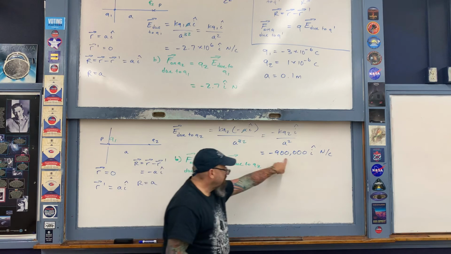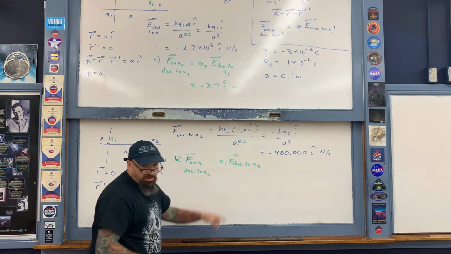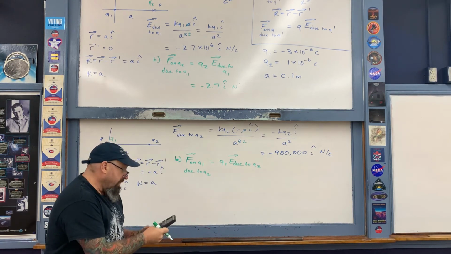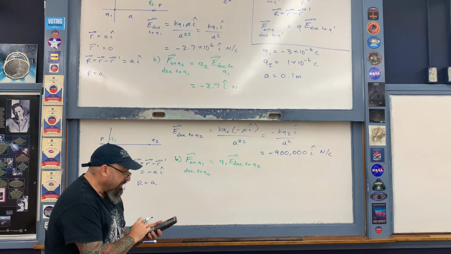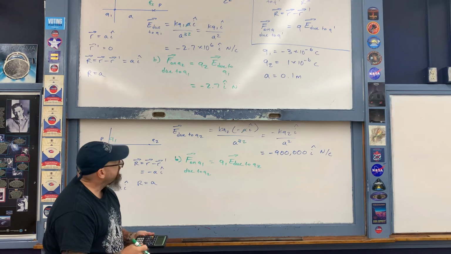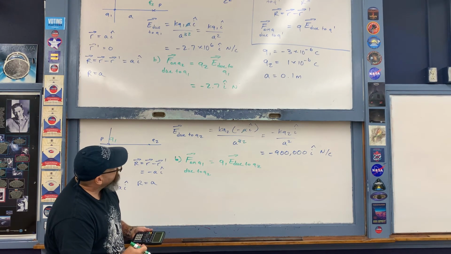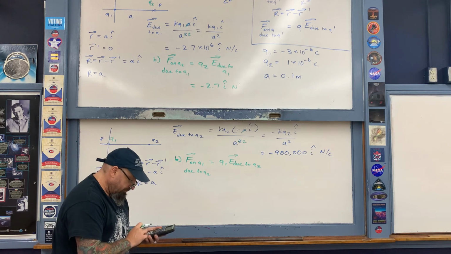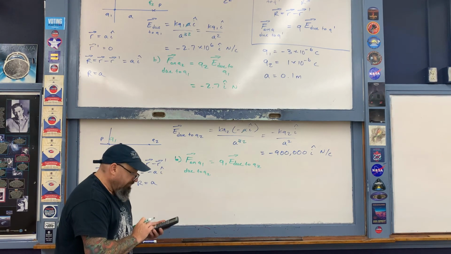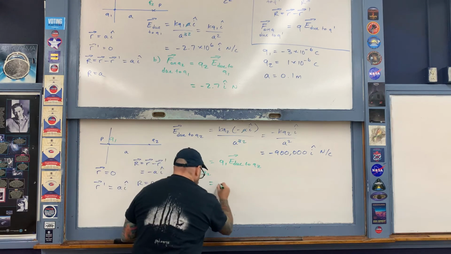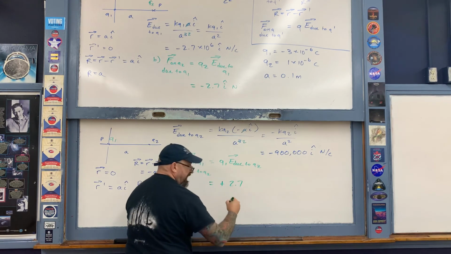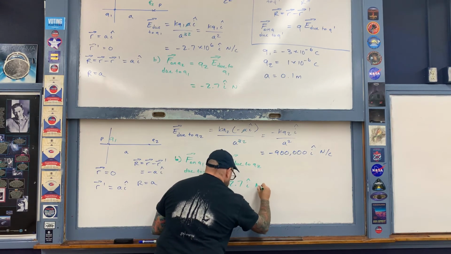So we take this quantity here and multiply it by Q1. So negative 900,000, let me type that in first, and then multiply that by Q1, which was negative 3 times 10 to the minus 6. Punching it out, and sure enough, I'll put the plus sign there for emphasis, positive 2.7 I hat newtons.